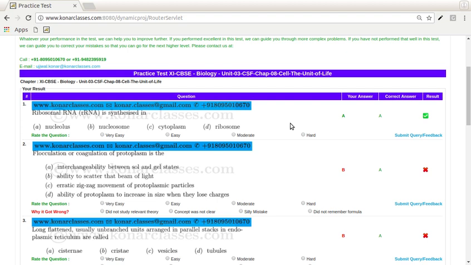Now why the purpose of this? Based on the complexity of the entrance examination, we at KonarClasses decide a particular question falls into which category: very easy, moderate or hard. But that may not be exactly according to the particular student.